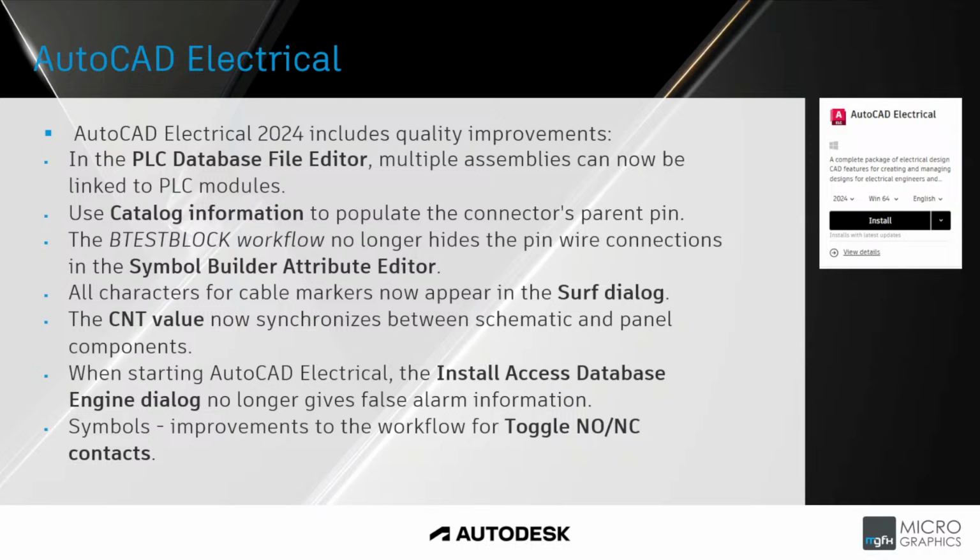The C&T value now synchronizes between schematic and panel components. When starting AutoCAD Electrical, the Install Access Database Engine dialog no longer gives false alarm information. Symbols, improvements to the workflow for toggle NO/NC contacts. When you place a wire, it can automatically link to where it was previously selected or placed.